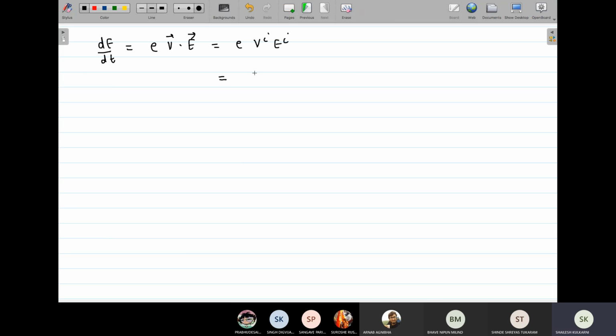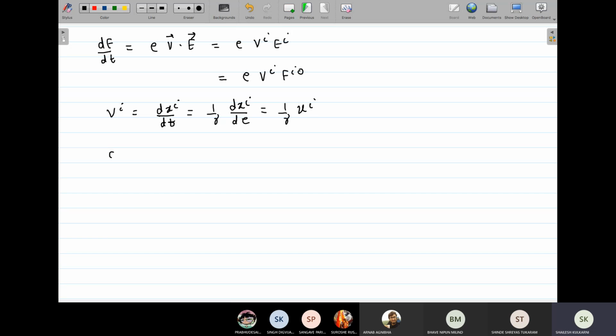Ei you replace by Fi0, so it will be e vi Fi0. And vi is dxi by dt, which is 1 over gamma times dxi by d tau, which is 1 over gamma times ui, the spatial component of the 4-velocity.